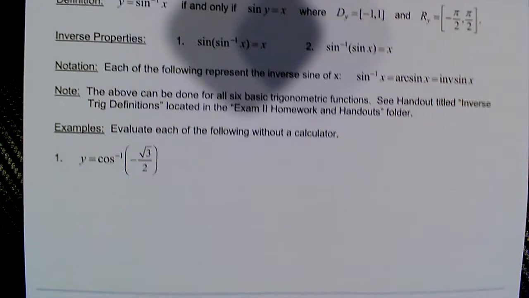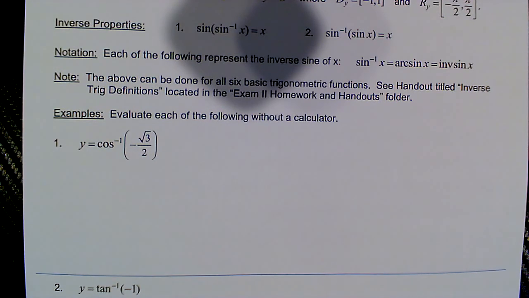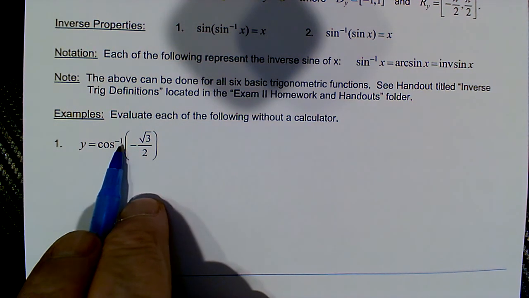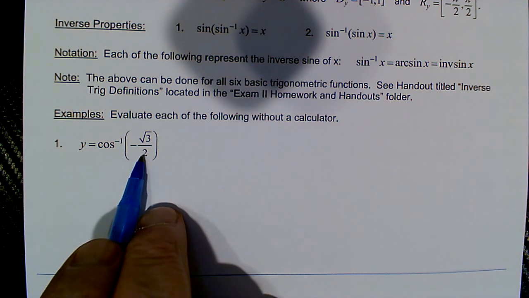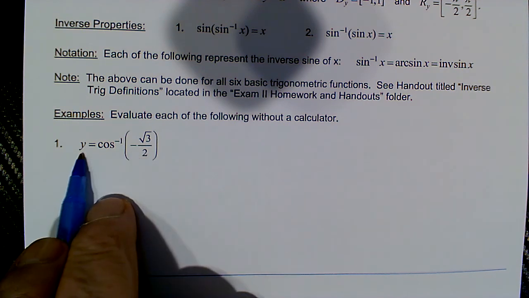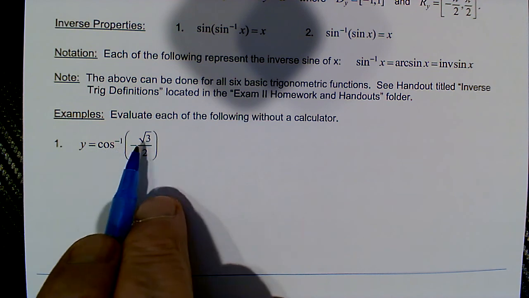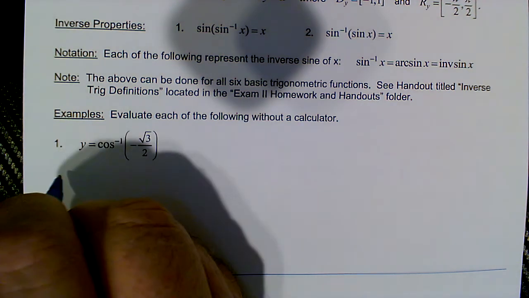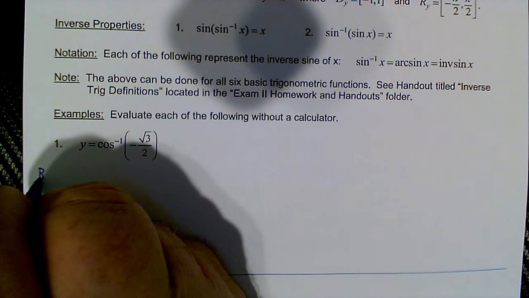Okay, find exact values. So the first thing we're going to do is start with the definition. Just realize that an inverse trigonometric function of a number is an angle. So this y is the angle such that the cosine of the angle is equal to this value. So we change immediately by definition.